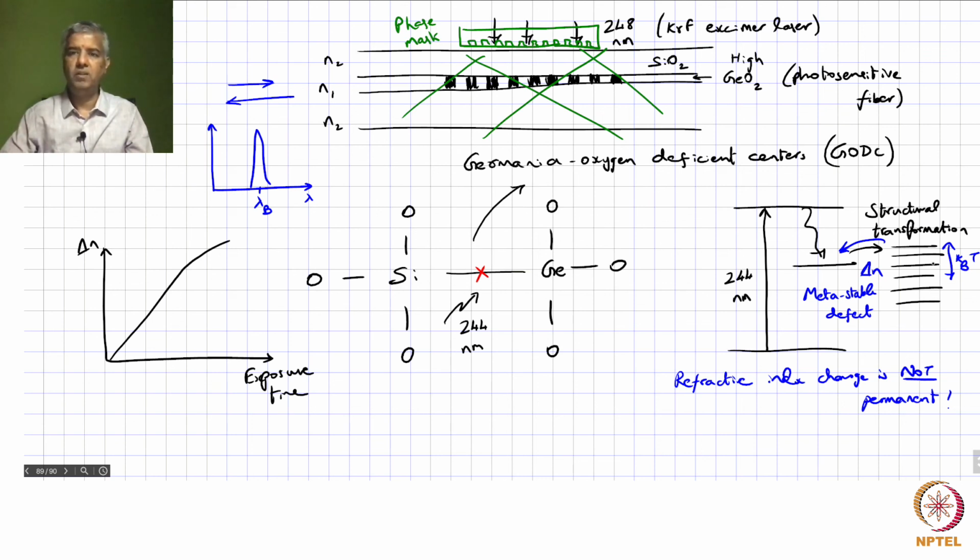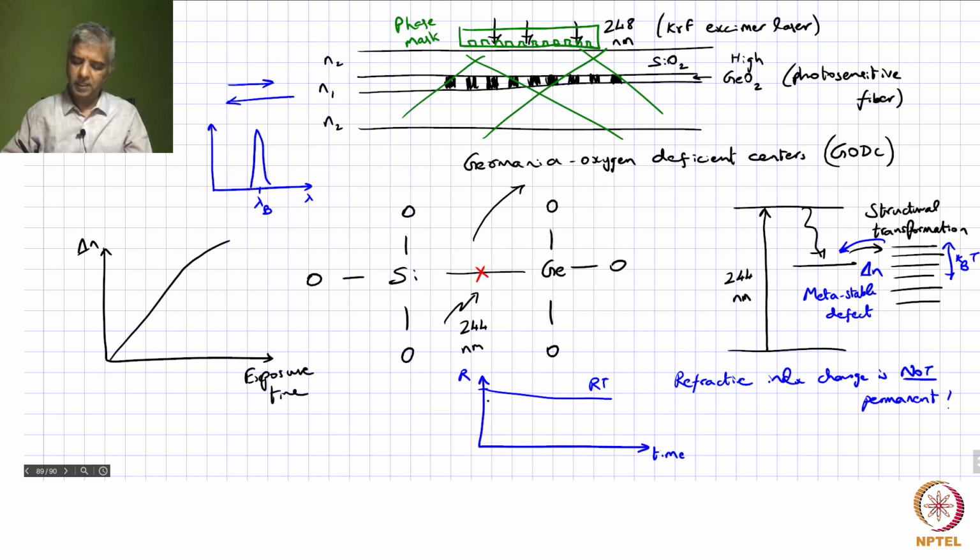When you look at the reflectivity of the grating as a function of time, if it is kept at room temperature, the reflectivity may be something like this initially, and then it might decay slowly over a period of time. This is at room temperature.